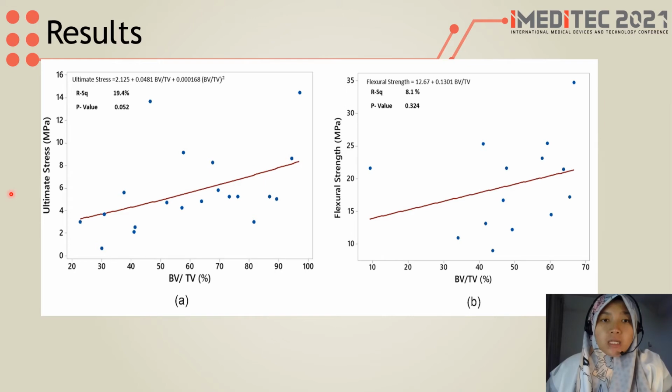Apart from that, correlations between morphological studies of this bone specimen were also analyzed with the mechanical behavior of the cancellous bone specimen under both compression and three-point bending tests.